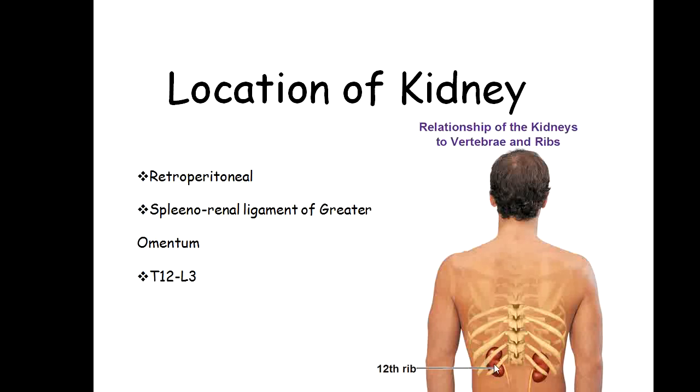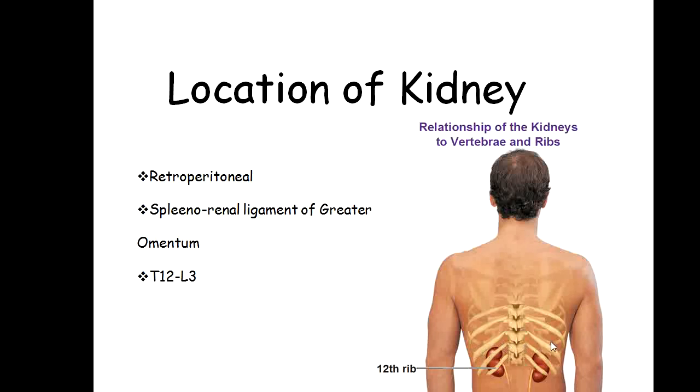This is adjacent with the spleen, and this is adjacent with the liver. Above this, the liver is present, and some part of the spleen is above this left kidney.